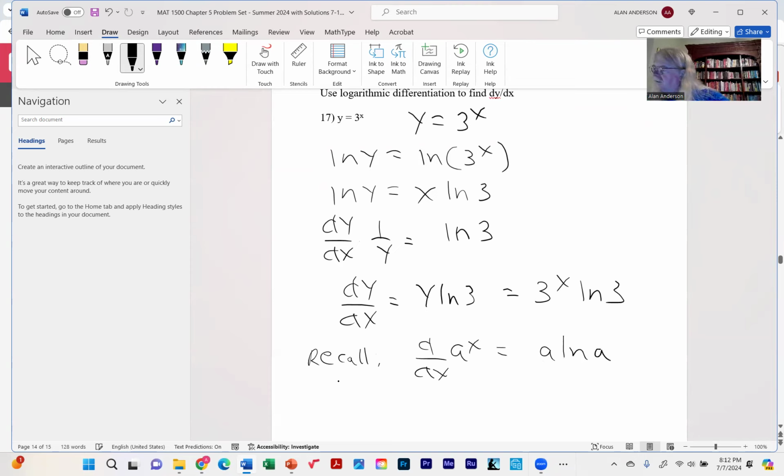Okay, so in other words, a to the x becomes a to the x log a. Oops, sorry, I left this out. Okay. So, in other words, which implies that the derivative of 3 to the x must be 3 to the x log 3. So whether we use logarithmic differentiation or not, we're still going to get the same result. Okay, great. That's how you know that you've done it correctly.